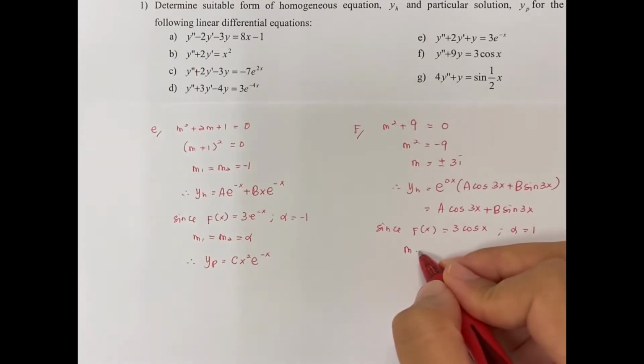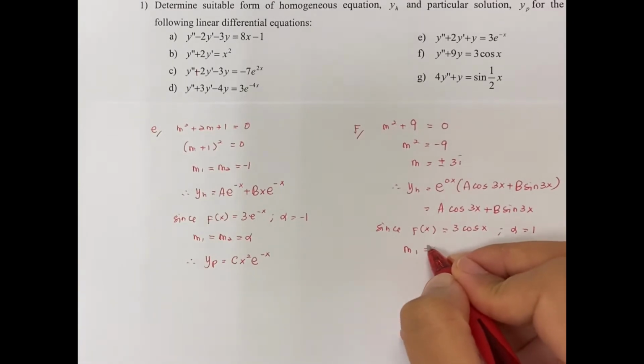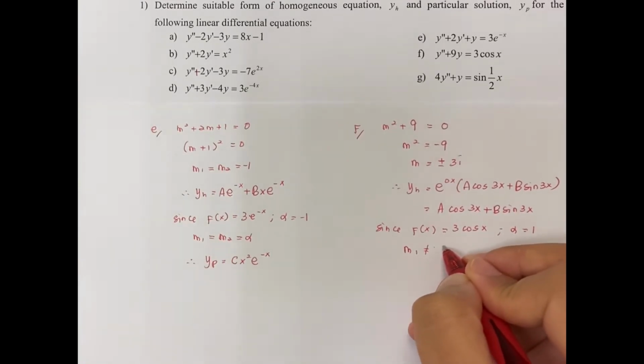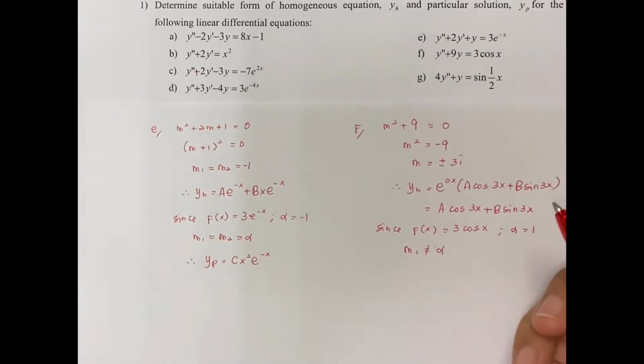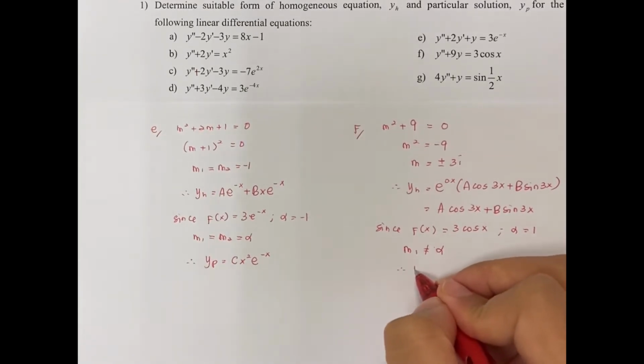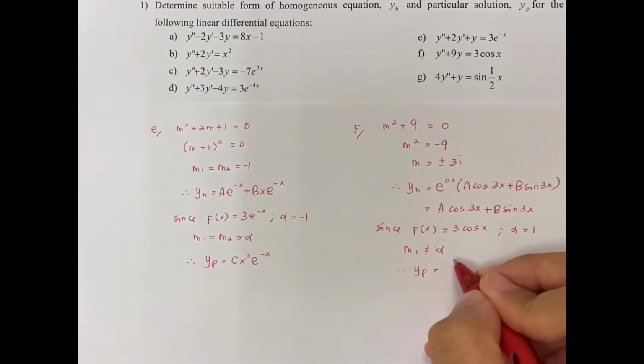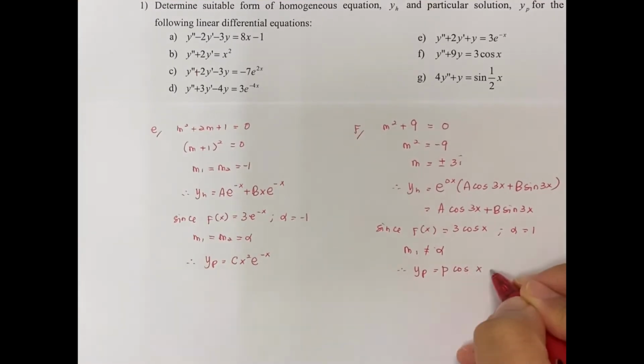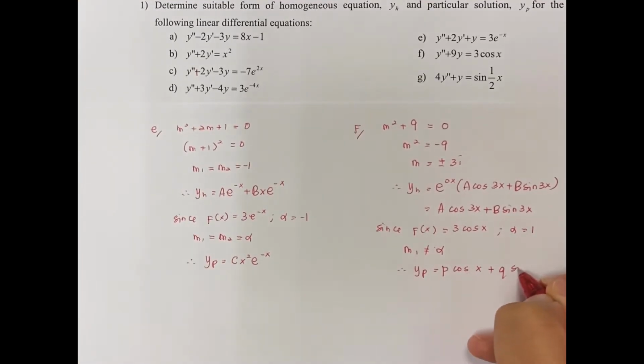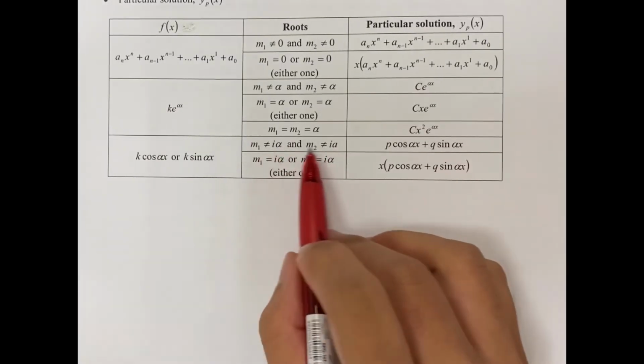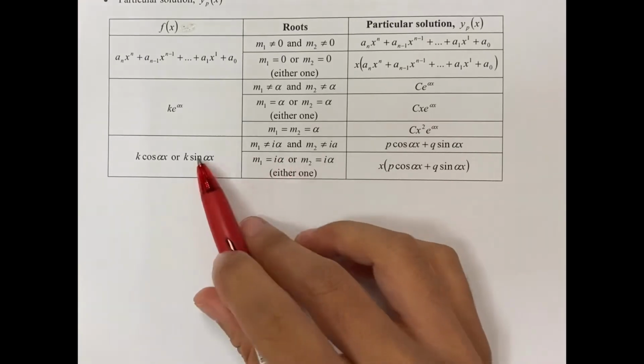So m1 and m2 do not equal your alpha i. So YP is equal to P cos alpha x plus Q sin alpha x. Both of your roots are not equal to alpha.